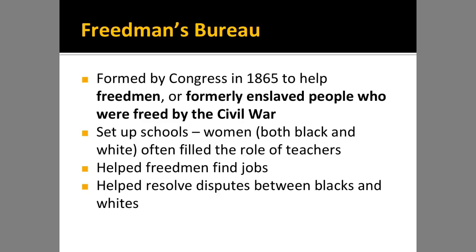So setting up schools was one way the Freedmen's Bureau tried to open more doors for freedmen, get an education, get more opportunities. They helped freedmen find jobs, paying jobs, so that they could earn money and start to better themselves.